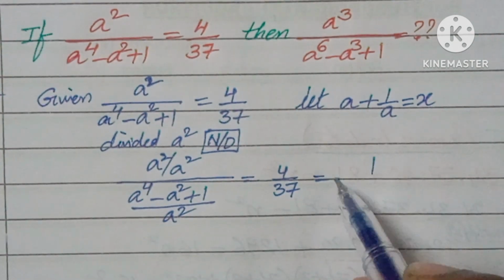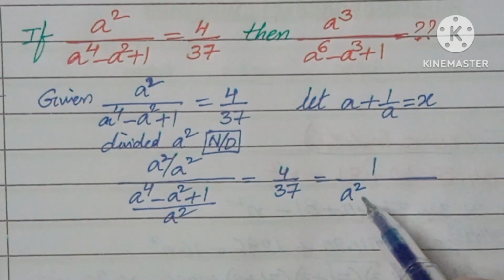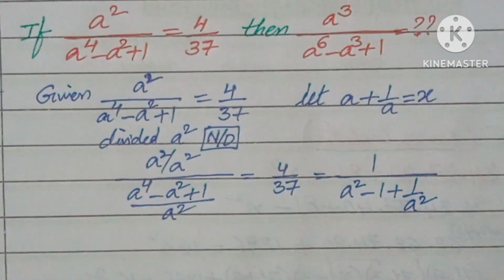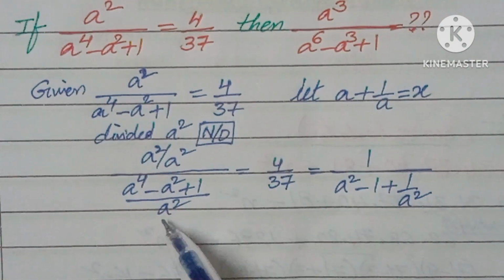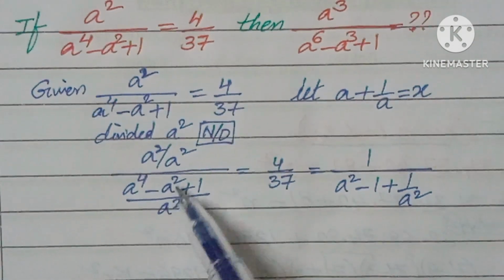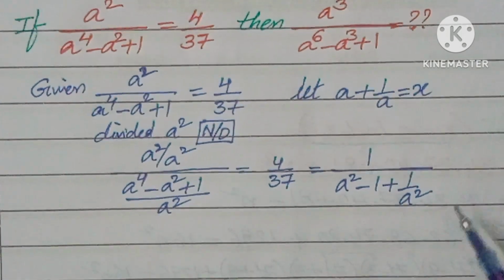Now it will be 1 by a square minus 1 plus 1 by a square. If you divide this, you'll get a square by a square, a power 4 by a square is a square, a square by a square is minus 1, 1 by a square we will get.